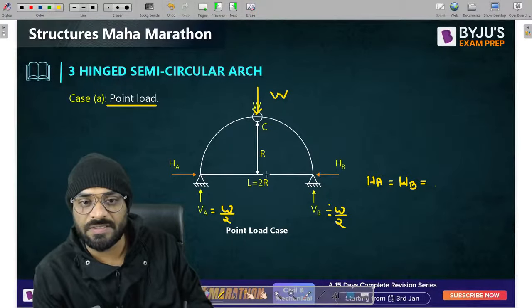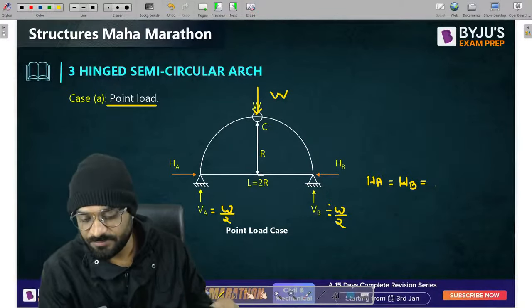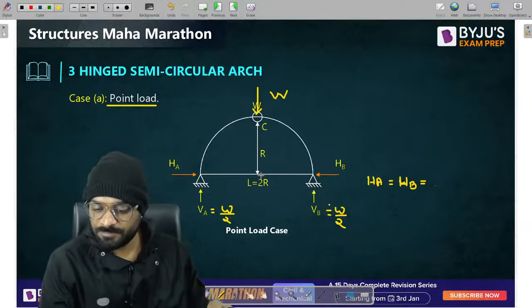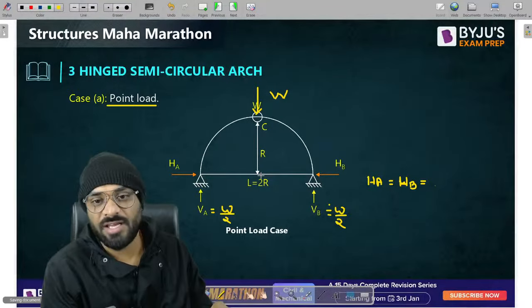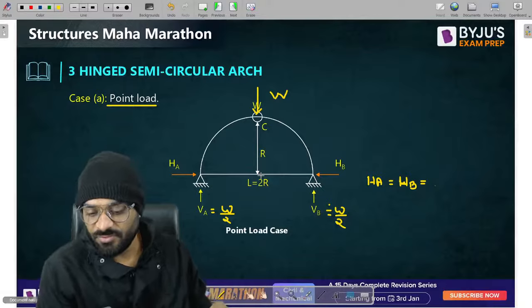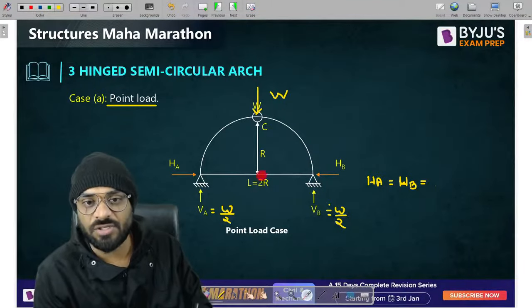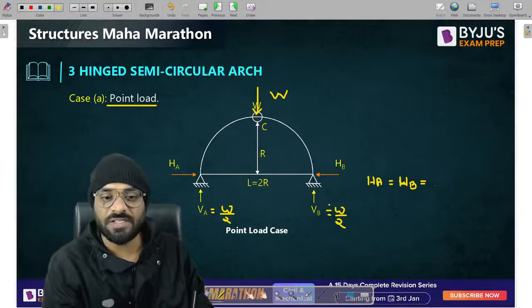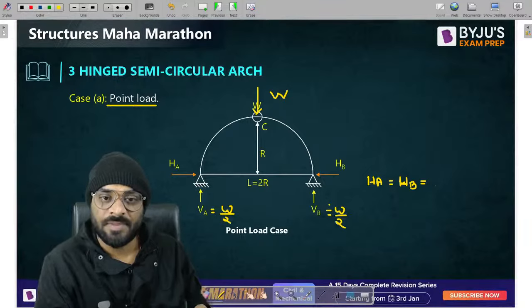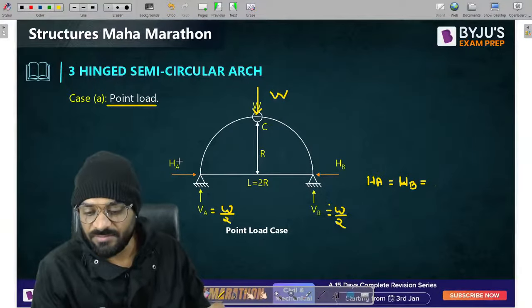Semicircular means this is 2R and this is R. WL by 4H? You forget the things. It is a semicircular arch, children. That means you have to consider MC is equal to 0, the moment at point C is equal to 0. So you will get the value of HA easily.